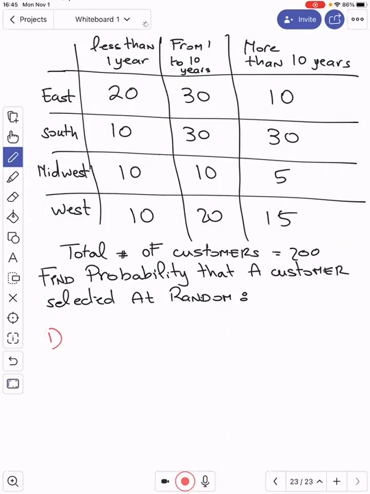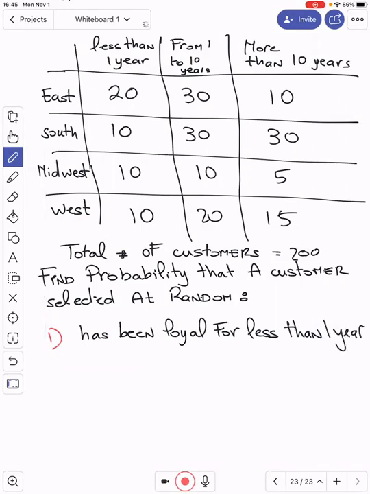So the customer selected at random has been loyal for less than 1 year. Less than 1 year. Okay.